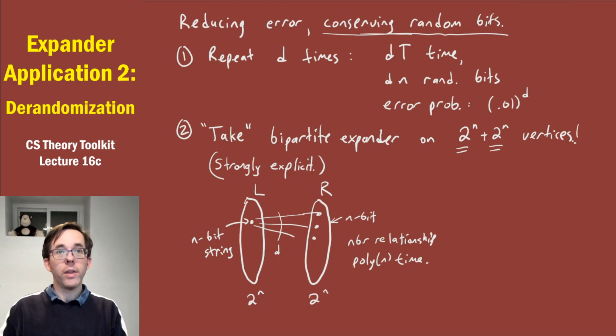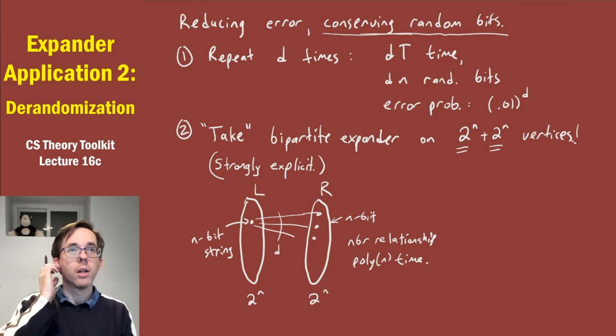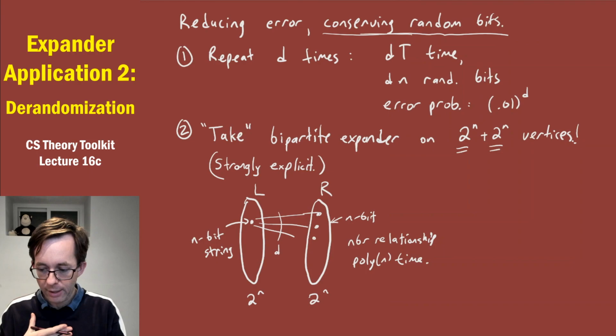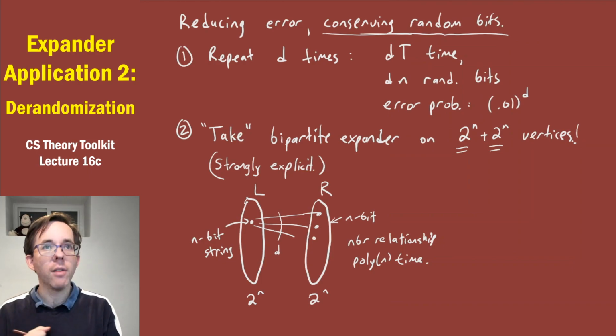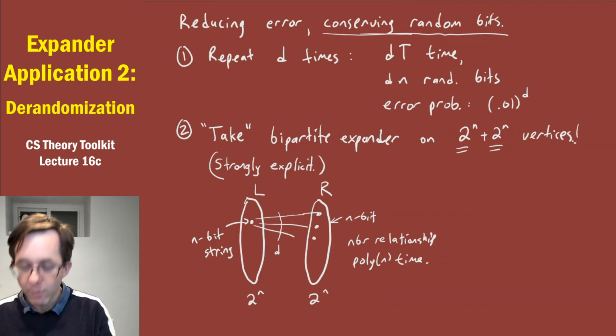Okay, so this randomness reduction, this error reduction algorithm that conserves randomness, is going to take this graph on 2 to the n plus 2 to the n vertices. And remember, once again, what is the expansion property of this graph?